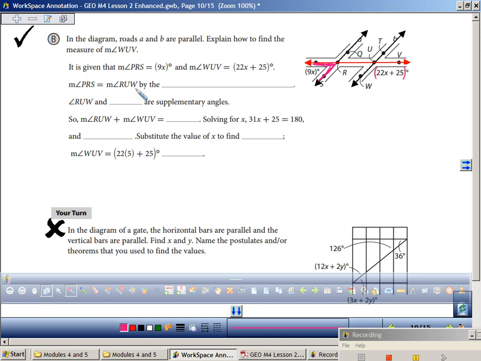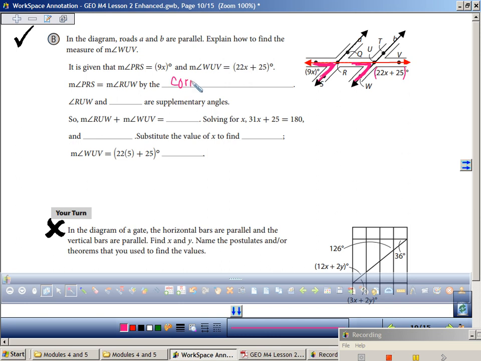PRS and RUW are equal. Where's RUW? RUW, right here. How do I know their measures are the same?